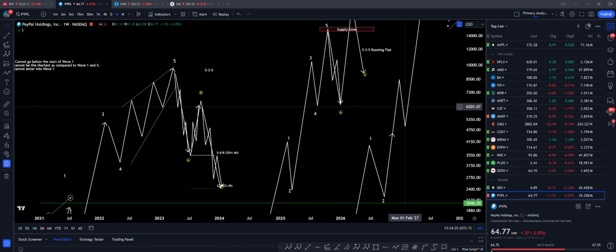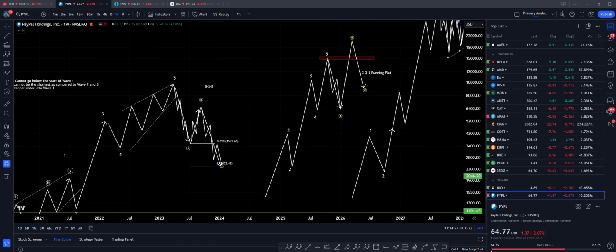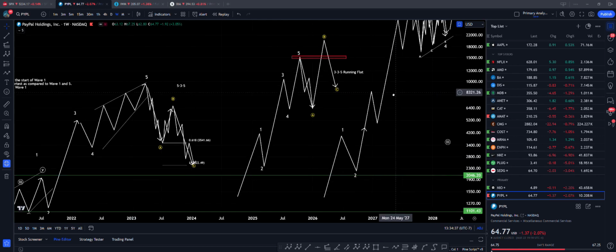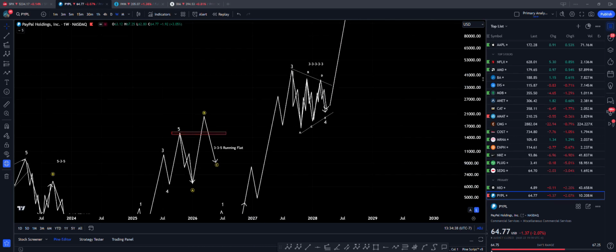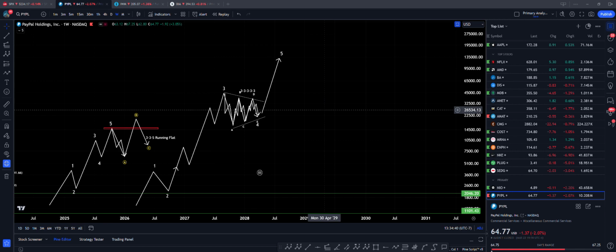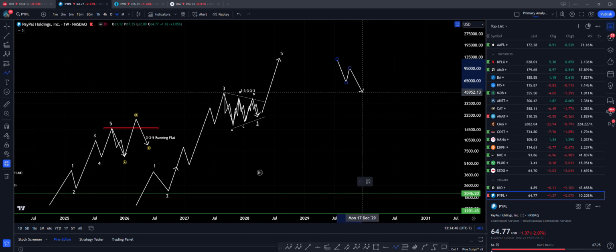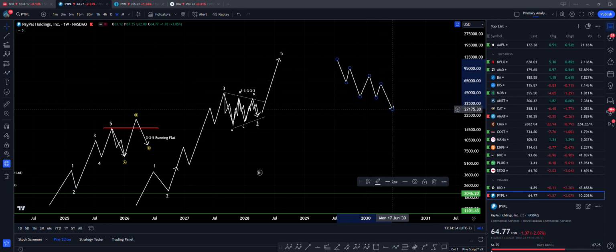Now, the next thing we should talk about is a combination of waves, which is your complex waves. Complex waves are nothing but a combination of the three waves I shared before. It could be as simple as a zigzag first, followed by a move, and a zigzag again, right?